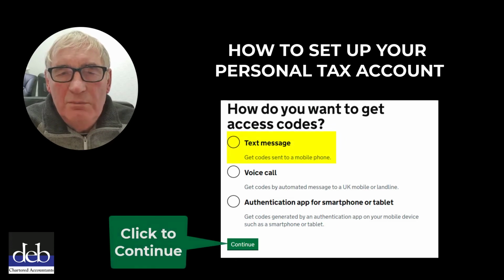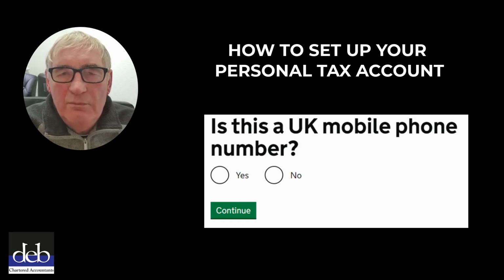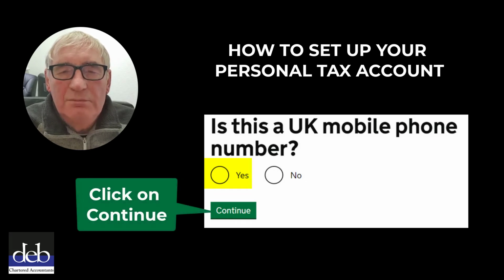Click on Continue. If you do choose text, then the next screen asks you to confirm whether the phone is a mobile number or not. I would always recommend that you use a mobile phone if you can, as you are more likely to have access to this when you want to gain access to your tax account. Tick on Yes and then click on Continue.